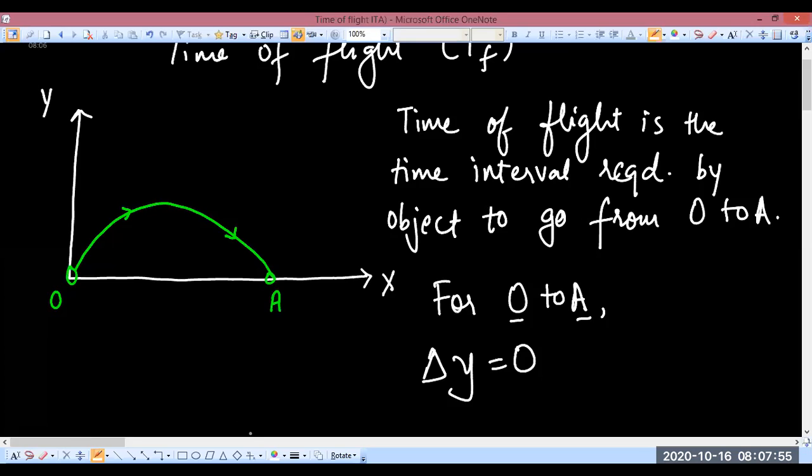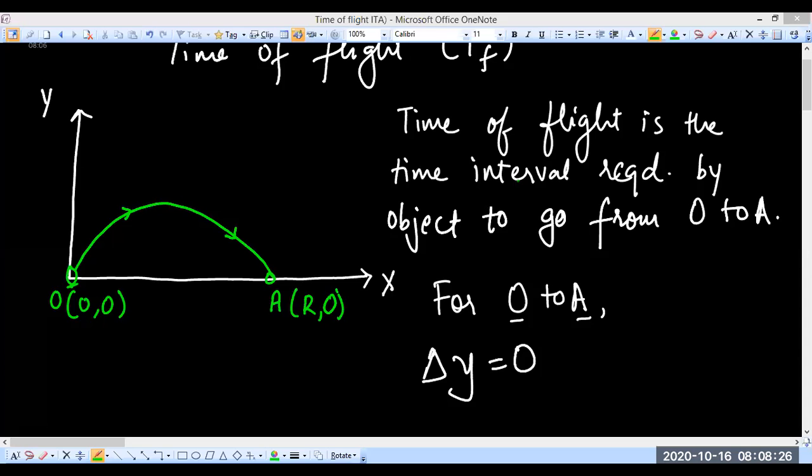The y component of displacement is 0 for O to A, because if this is 0, 0, then this is going to be R, 0. I hope that makes sense, right? R, 0 is the range, but right now we are not talking about range, just mentioning that. So this is R, 0. That would essentially mean that delta y is 0.